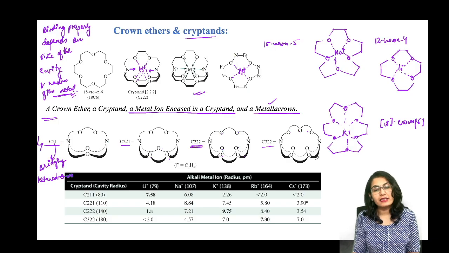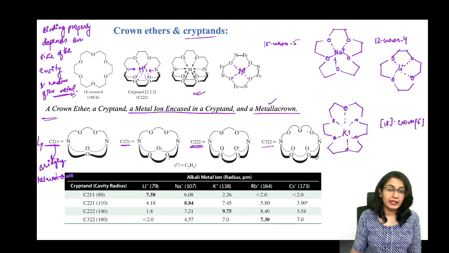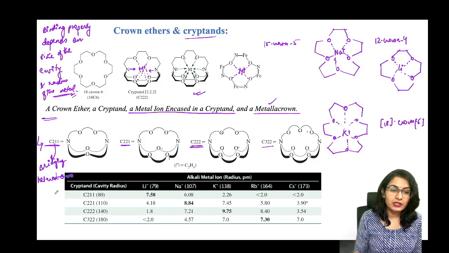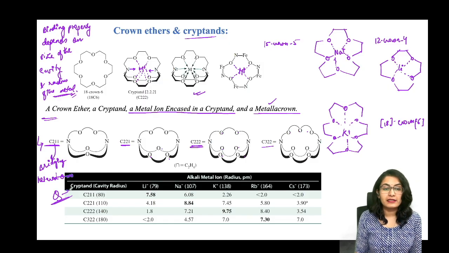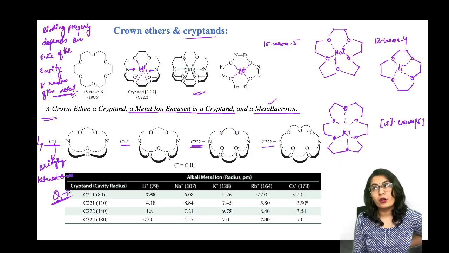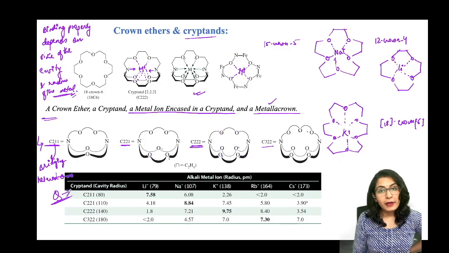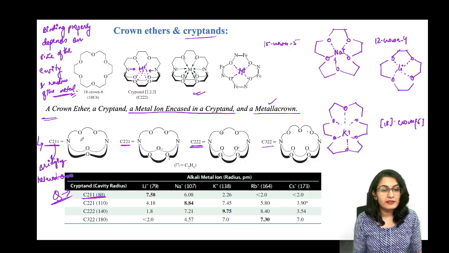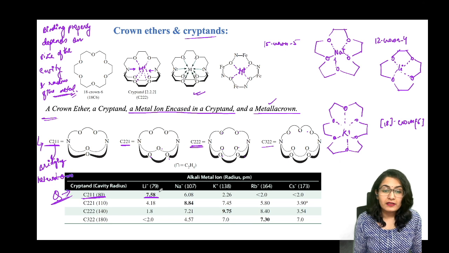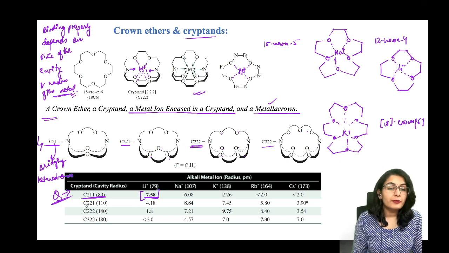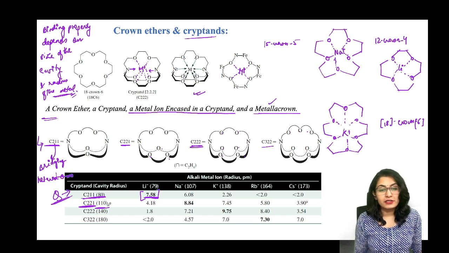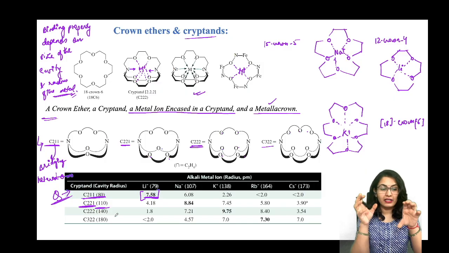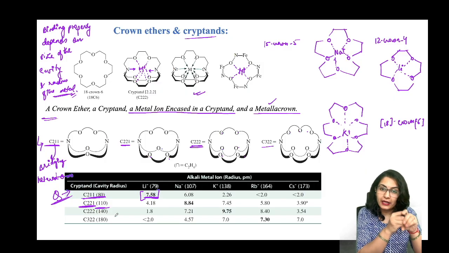So basically, now see alkali metal ions or radius. There has been a question in your GATE and CSIR NET exam like this, that let's say what is the cryptand binding capacity for these metals: lithium, sodium, potassium, rubidium and cesium. When we are talking about C211, you know that the radius is small. So the best choice is going to be lithium. For C221, this is the cavity radius, and the cavity radius should be similar to the metal radius.